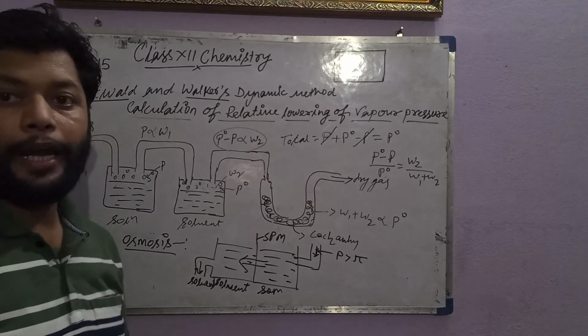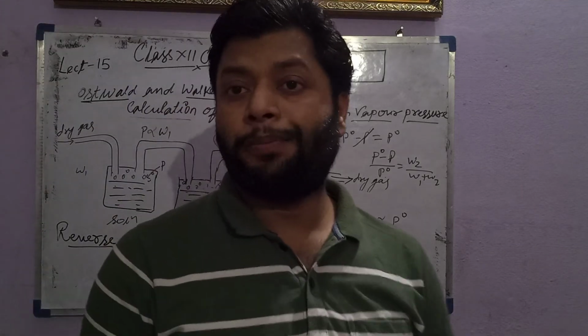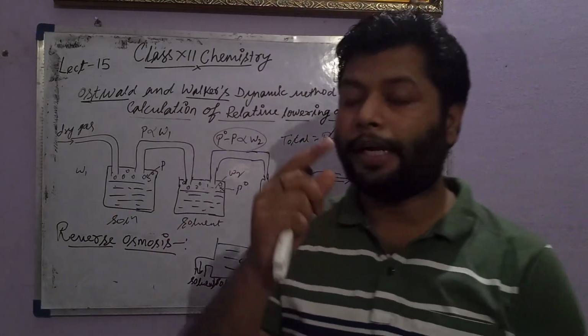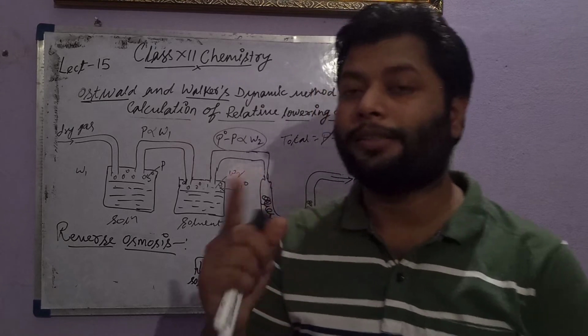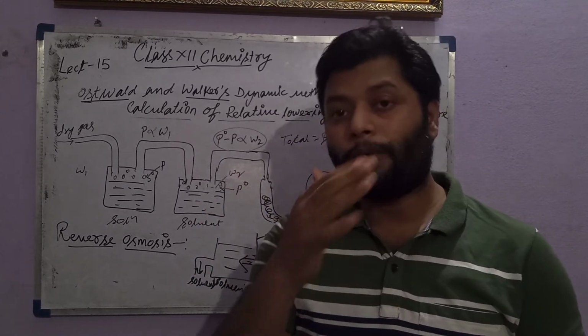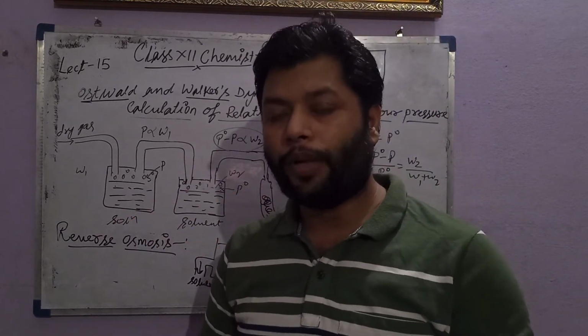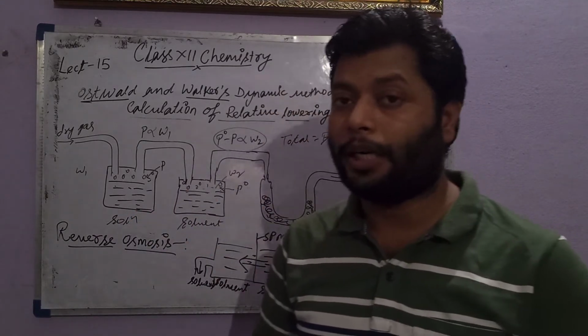So student, osmosis means the flow of water molecules from the higher concentration of water to the lower concentration of water. So from higher to lower there is a flow of water, called osmosis.